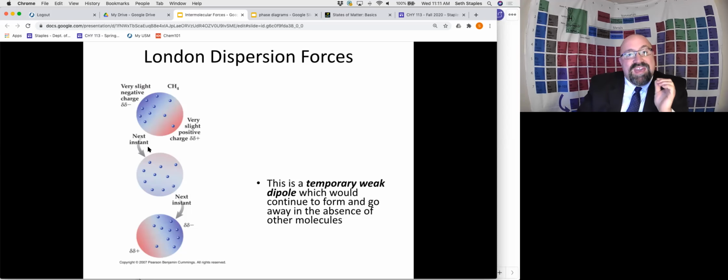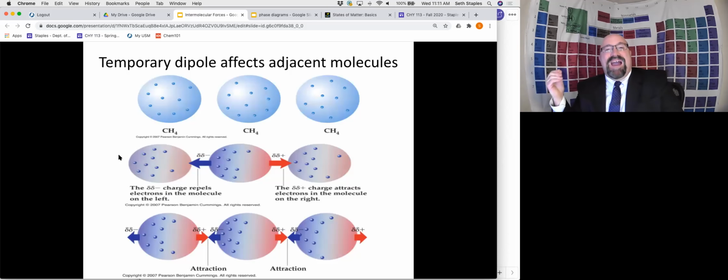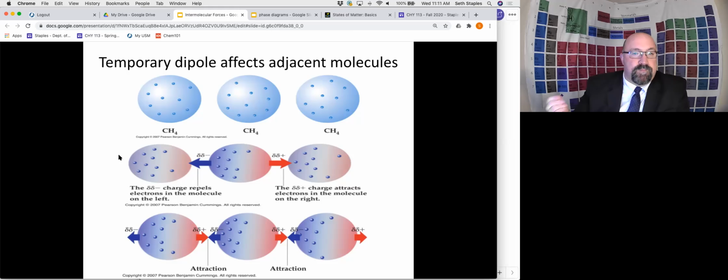However, if this methane is next to another one, then when this little bit of charge separation occurs, it can impact the molecule next to it. Here we have three different methane molecules. In the middle one, we get that little bit of charge separation at that one instant in time. If there's another molecule near it, then that molecule is going to be affected by this temporary dipole.